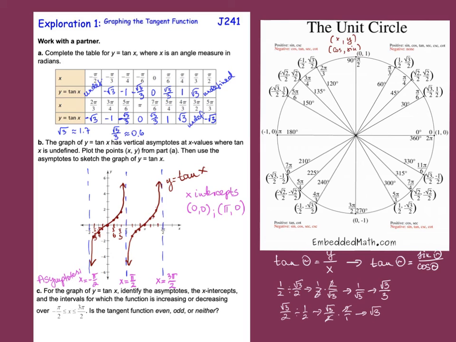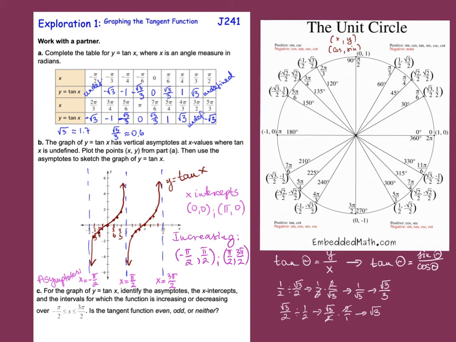The graph is always increasing between the asymptotes. So we have to find the interval where it's increasing. So the increasing interval is between negative pi over 2 and pi over 2, and between pi over 2 and 3 pi over 2.